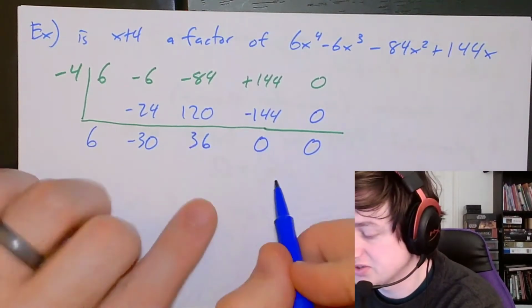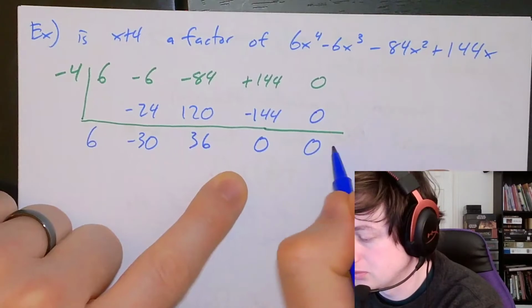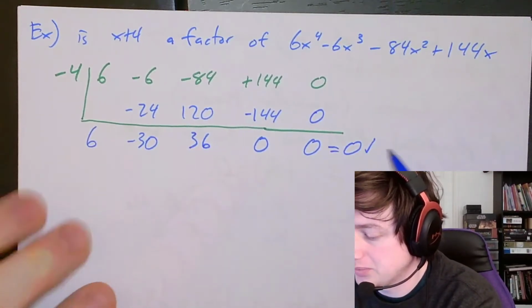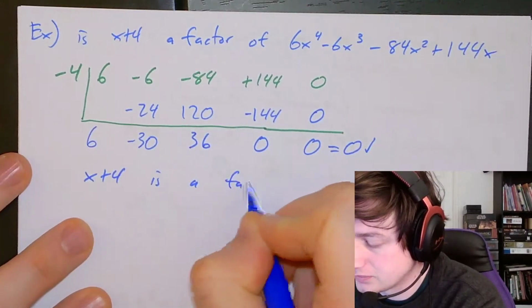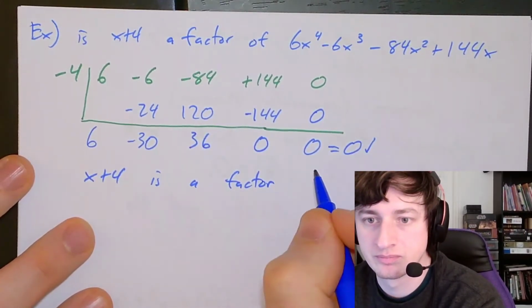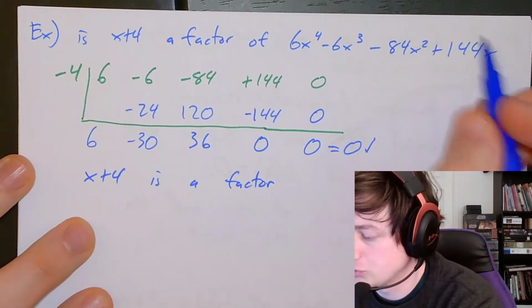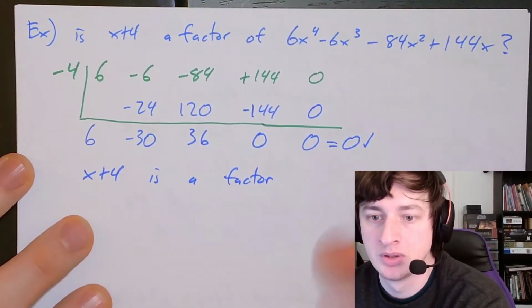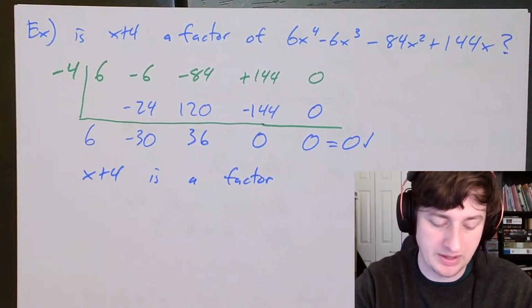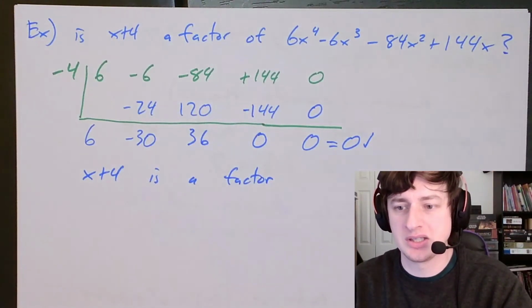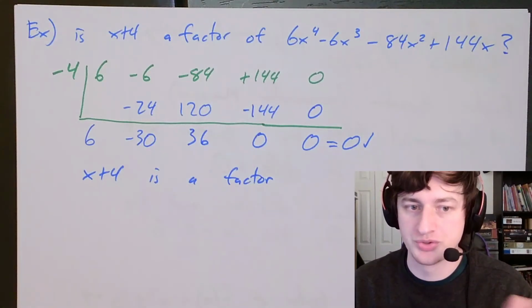Because we get 0 at the end, that means that x plus 4 is a factor. Should really be a question mark at the end of this problem. It is a factor. And this is going to lead into more stuff next week.